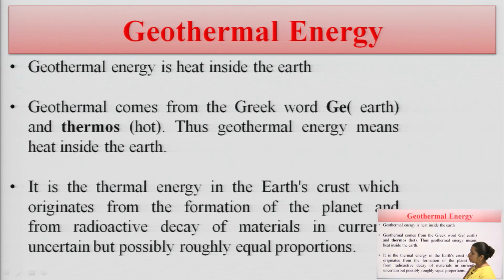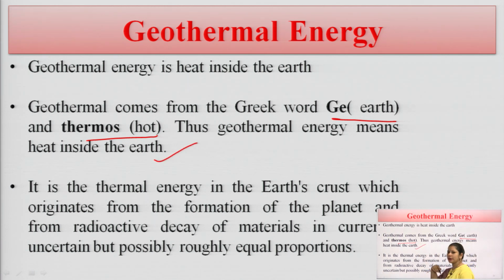Geothermal energy is the heat inside the earth. Geothermal comes from the Greek words: geo means earth and thermos means heat. So, heat inside the earth, we can also generate from our earth for future generations. Thus, geothermal energy means the heat inside the earth.